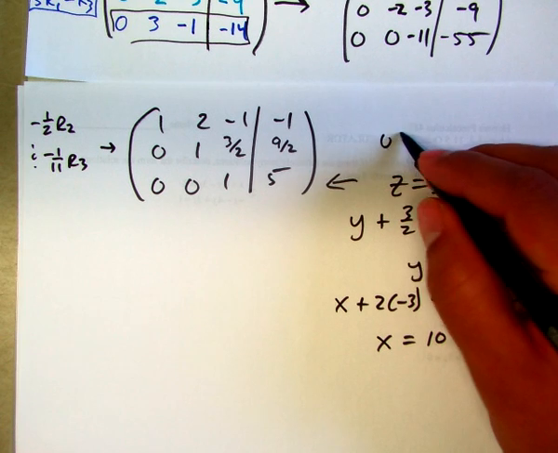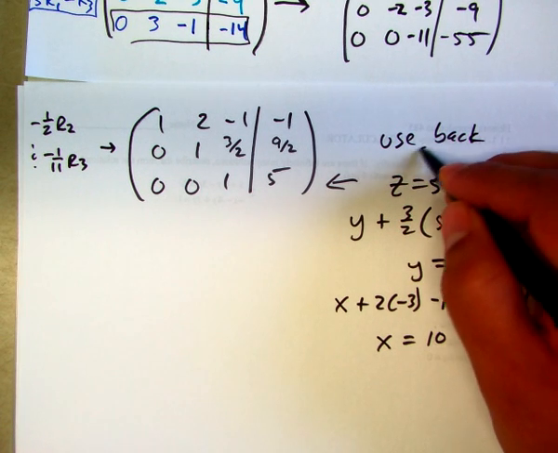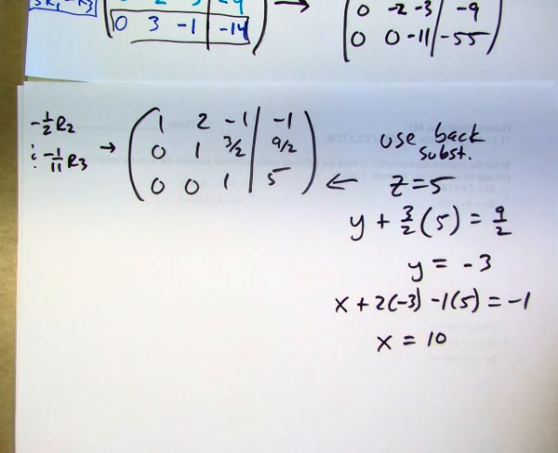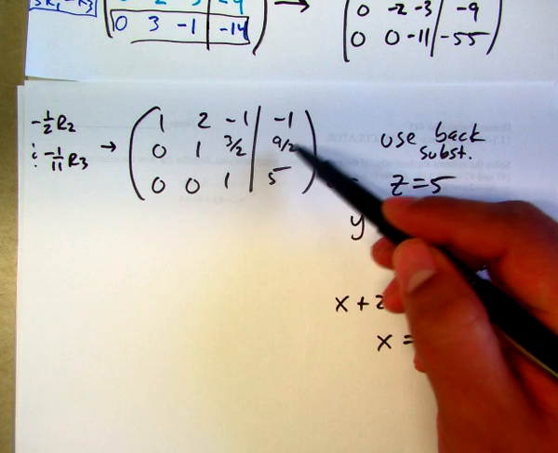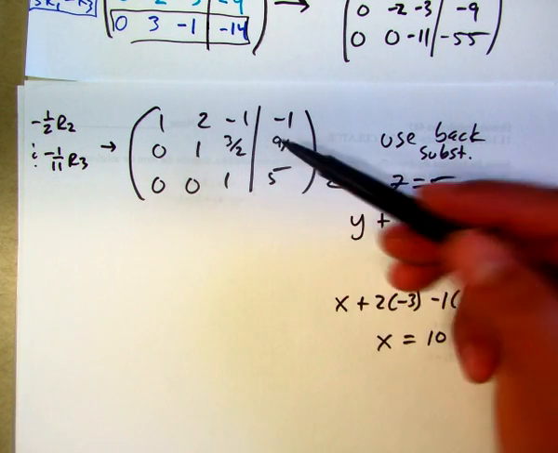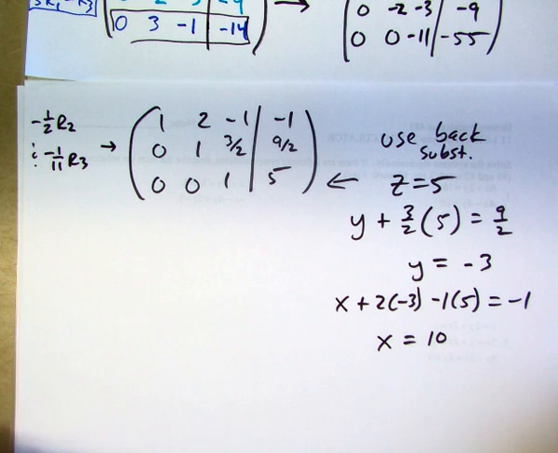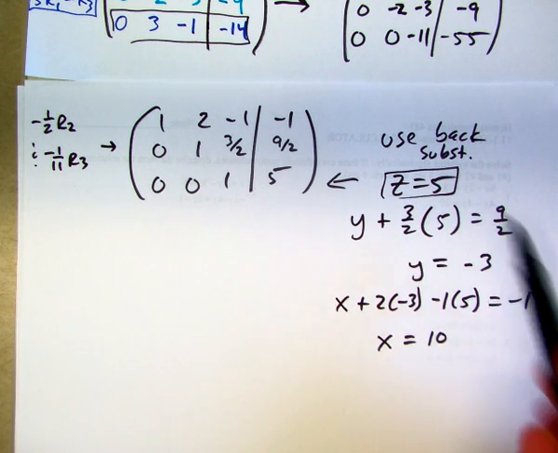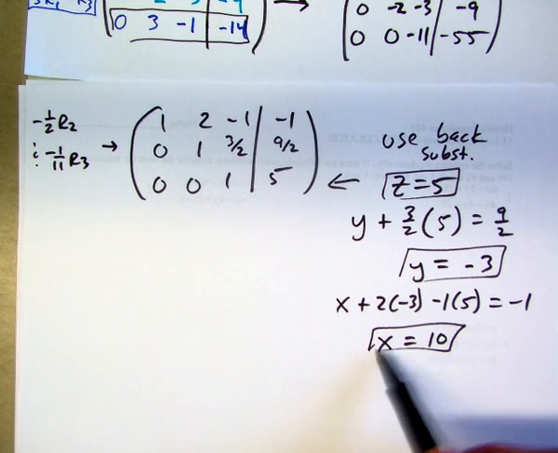So at this point we use back substitution, which means work your way back up to the top, knowing z, then you can find y, then you can find x. And then we have our solution. So we know z is 5, y is negative 3, and x is 10.